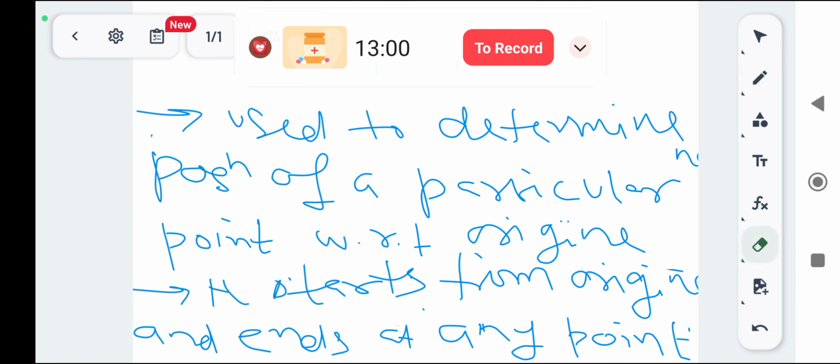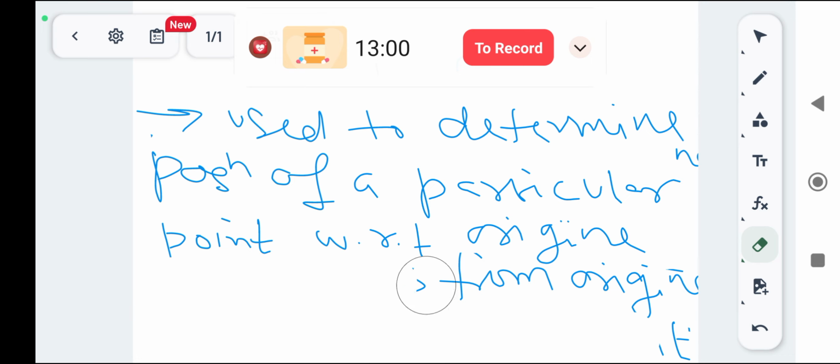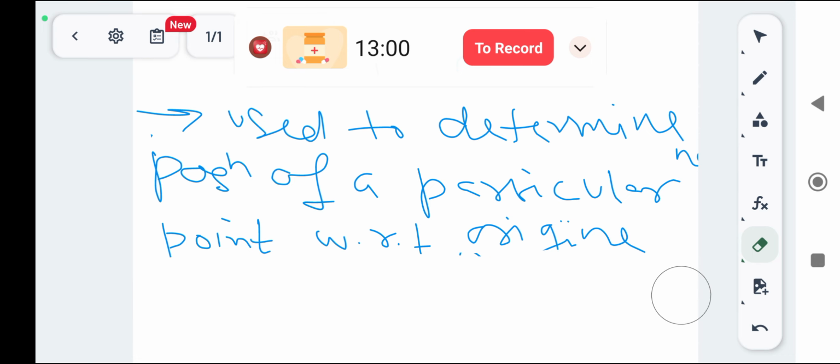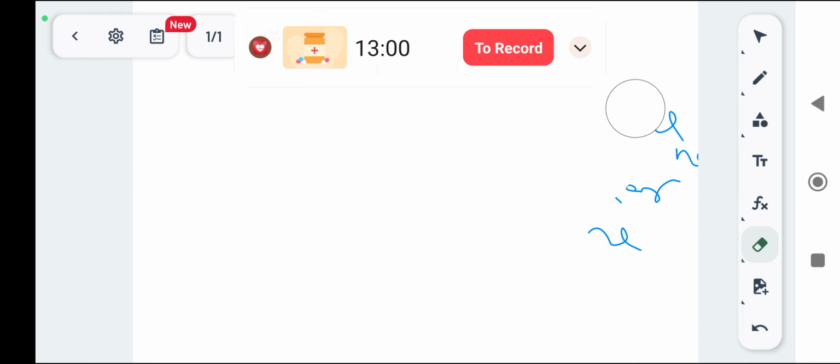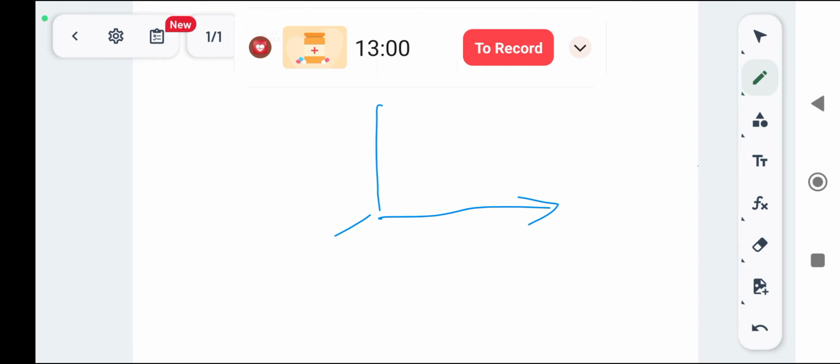I write down this. Suppose this is an xy plane.